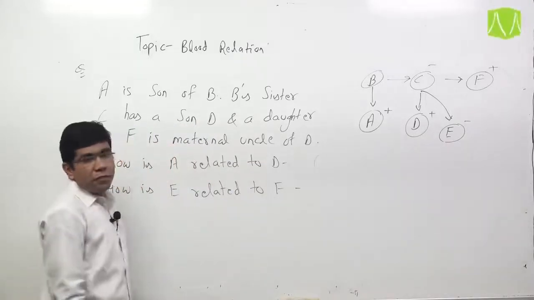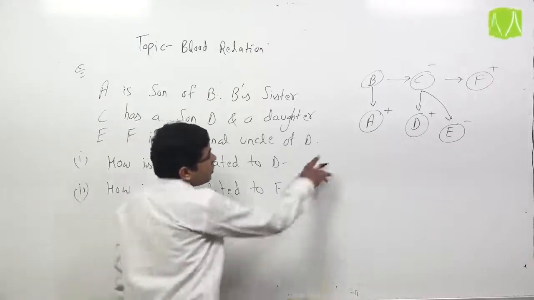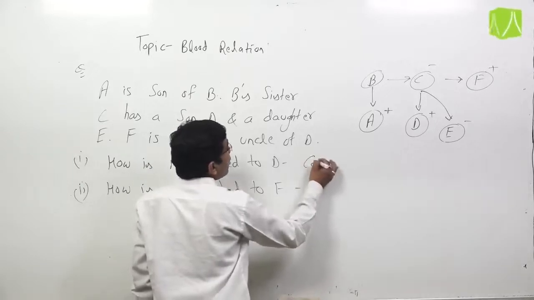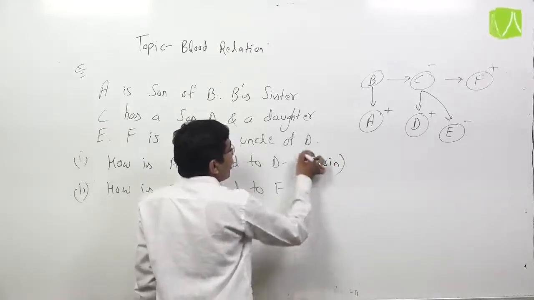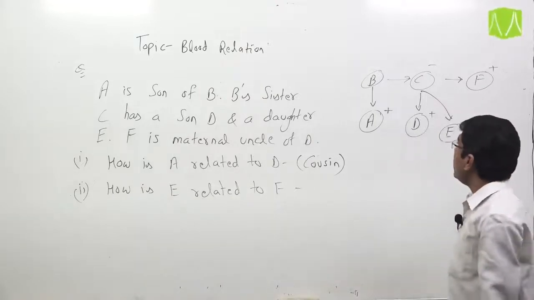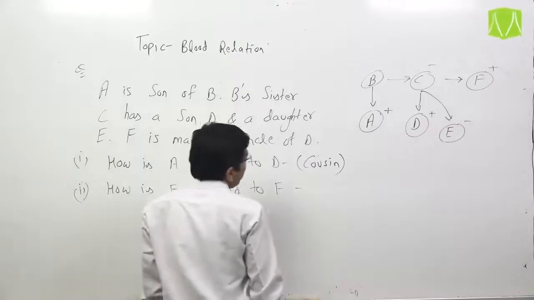So from this family tree, first question, how is A related to D? Friends, we easily say that A and D are cousins. So the answer should be cousin. And second, how is E related to F?